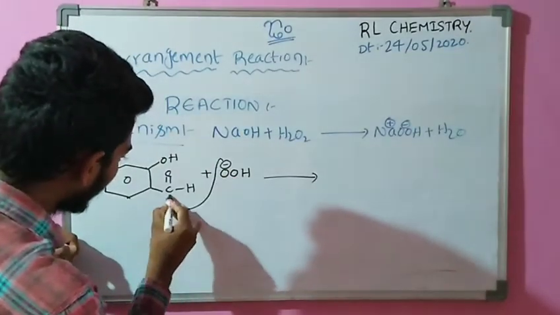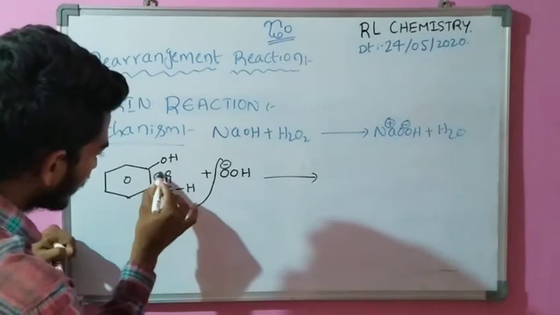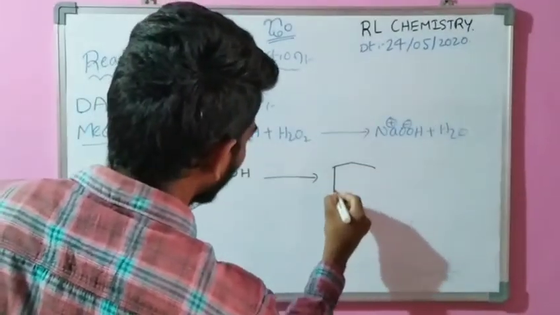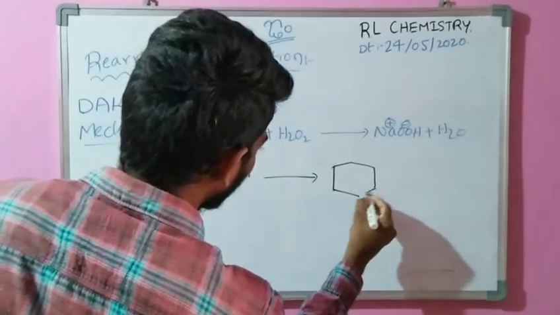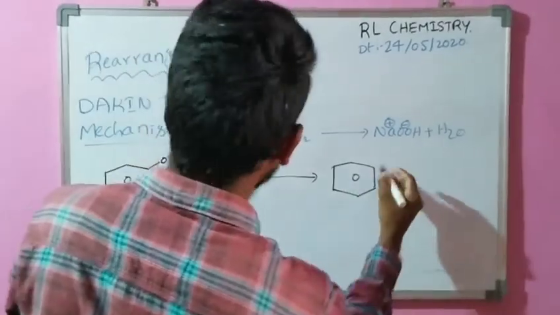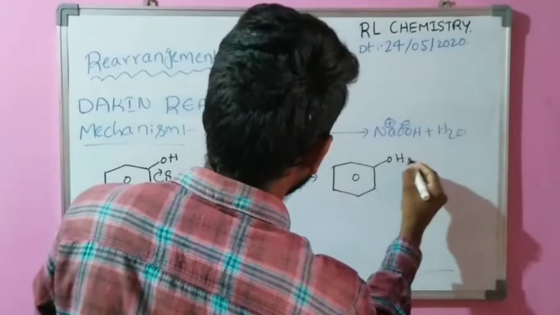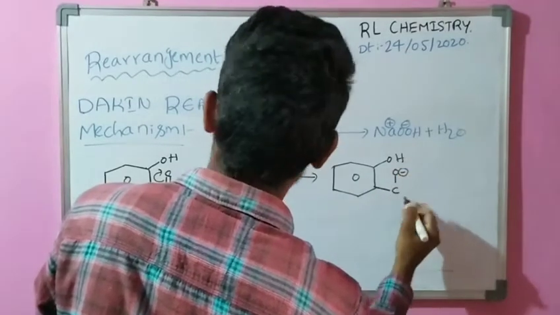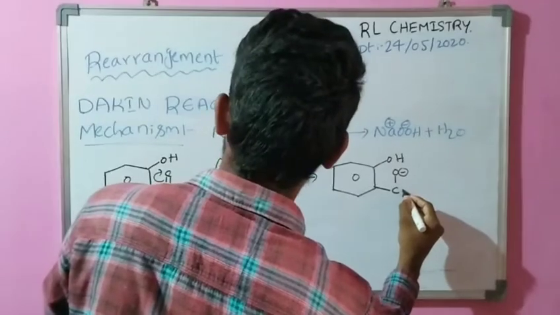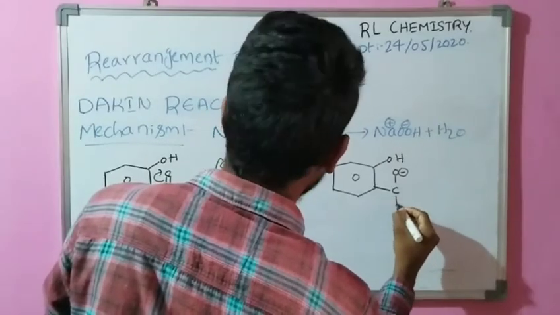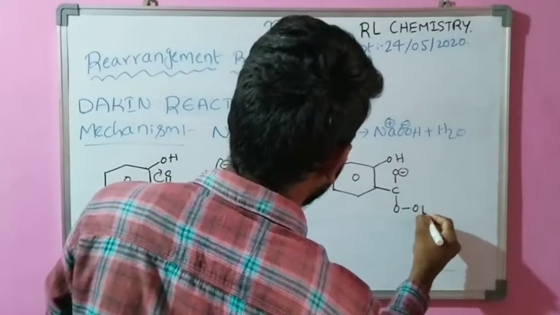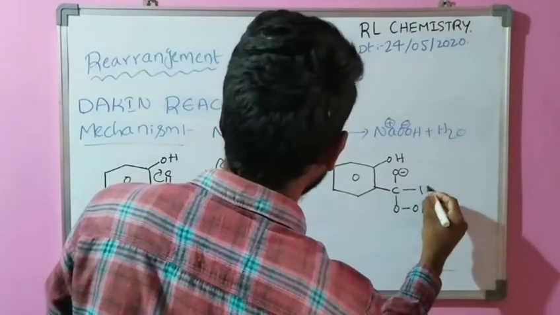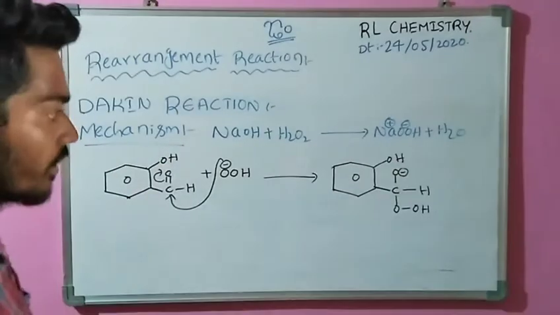This minus charge attacks the carbocation, and this bond migrates here. Then it forms this type of intermediate.